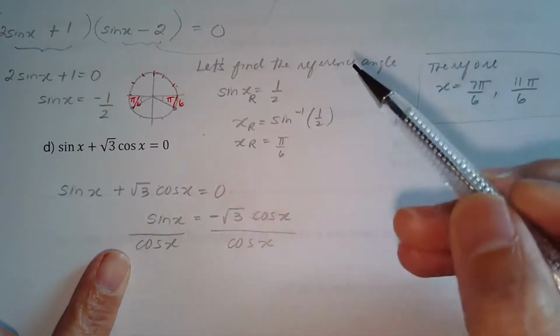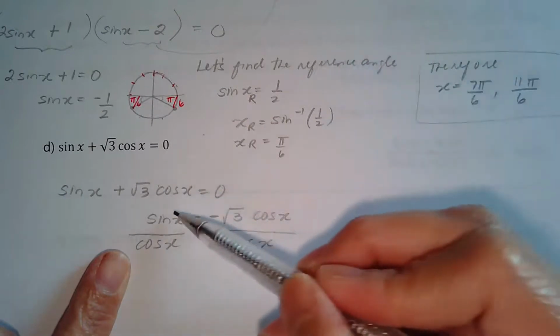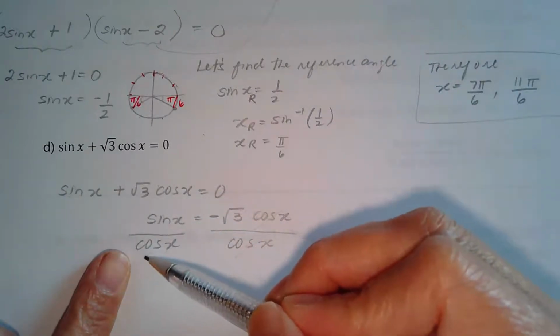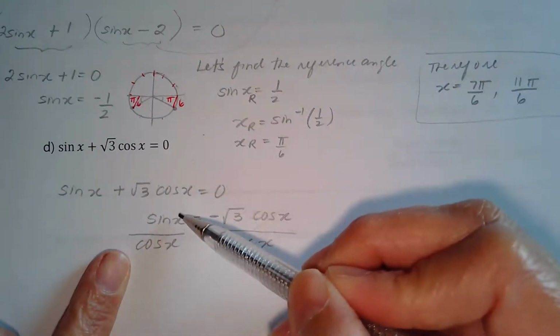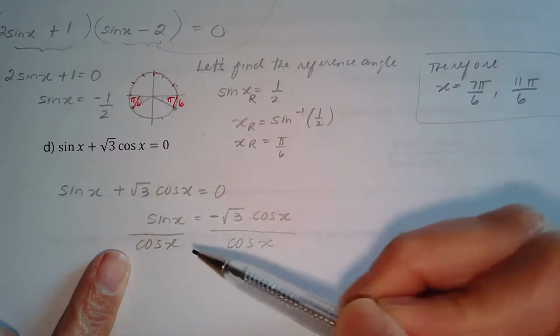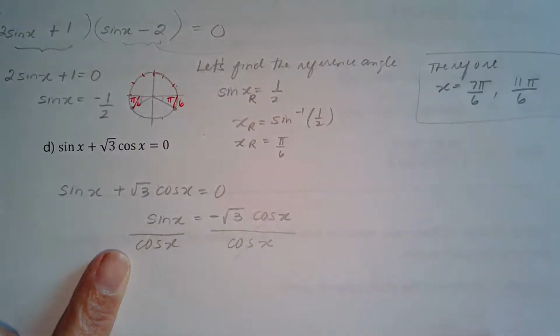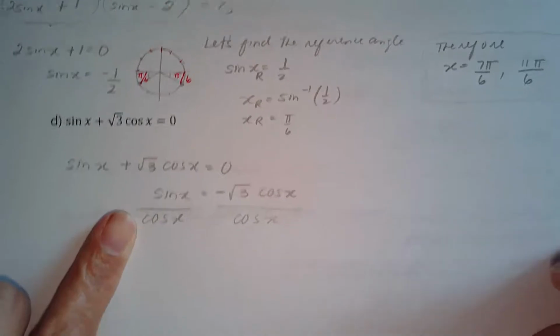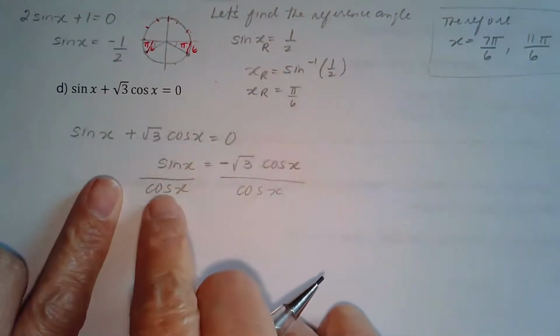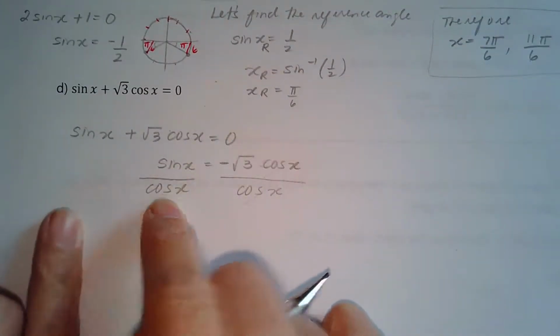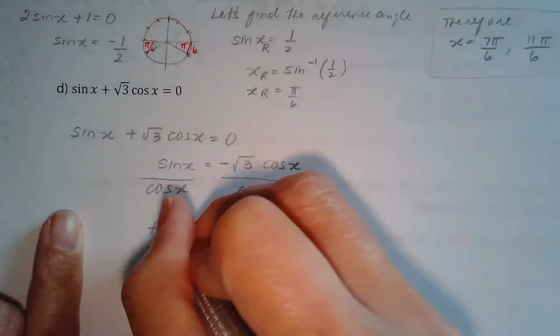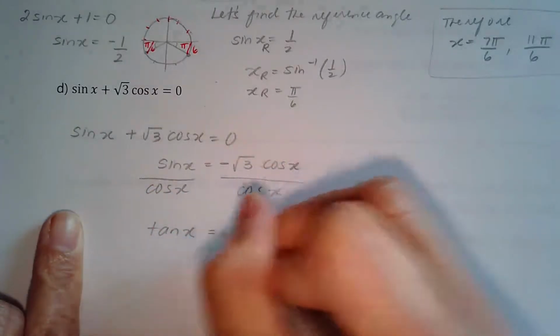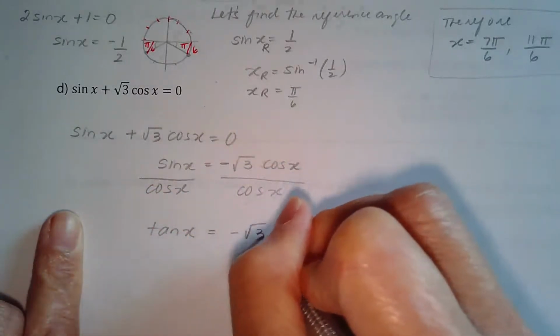But at the same time, this could be an identity. This one, sine of x divided by cos of x, is tangent of x. So that's a great thing. So we can replace these two with just a tangent of x. So tangent of x equals to negative root of 3.